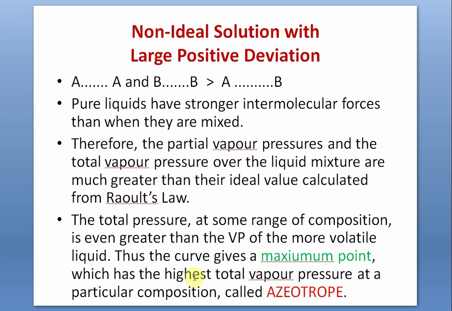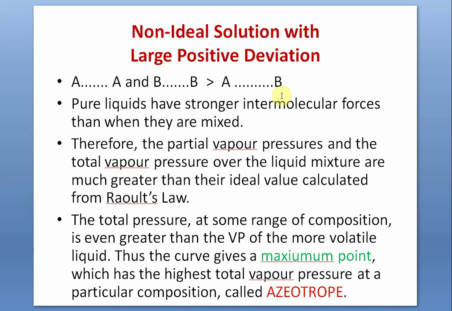But what is the concept of positive deviation? Maybe small, maybe large. If the intermolecular forces existing in A and in B are greater than when they mix, the intermolecular forces become poorer, weaker. In that case, what happens? The vapor pressure becomes greater.